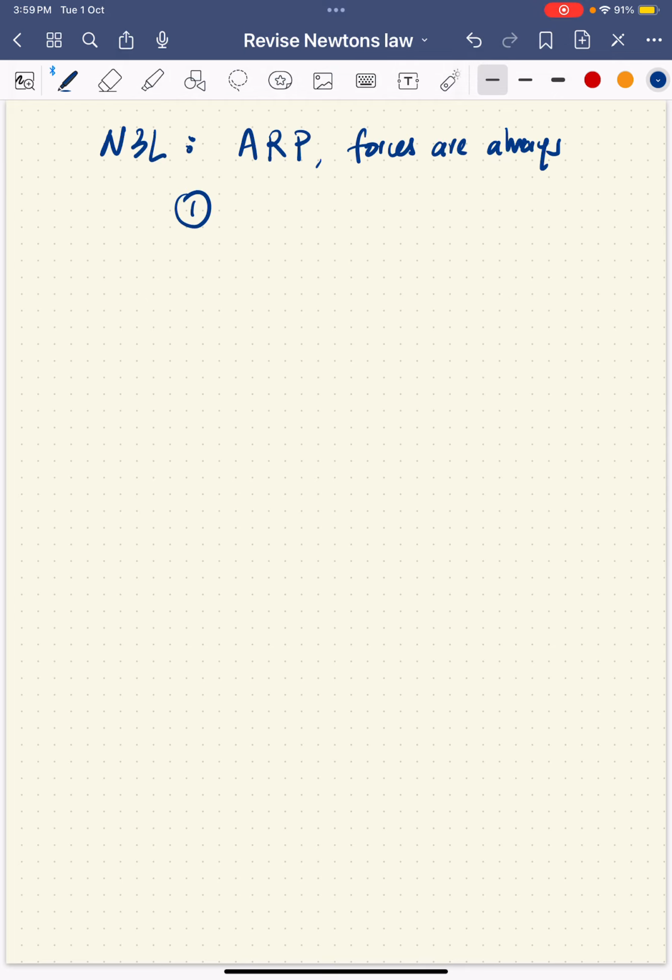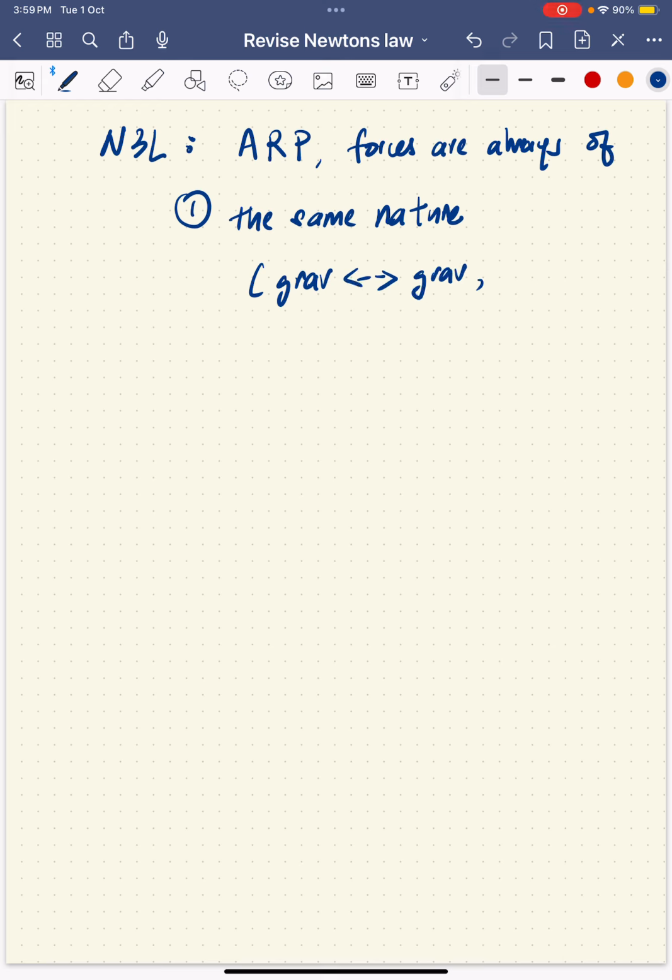number one, always of the same nature, meaning of the same type. So if one is gravitational force, then the other one must also be gravitational force.